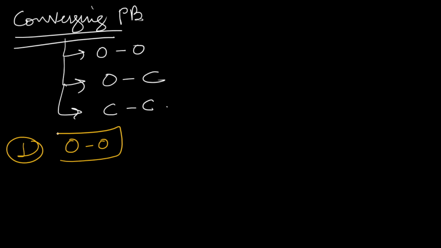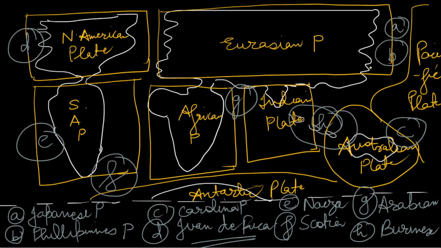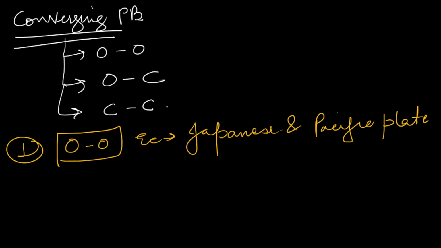Here the best example is the Japanese and Pacific plate. When you see the diagram, you will see that the Japanese plate is also located in the ocean only, and this Pacific plate is also ocean only. So they start to converge. Okay, so this is the best example.